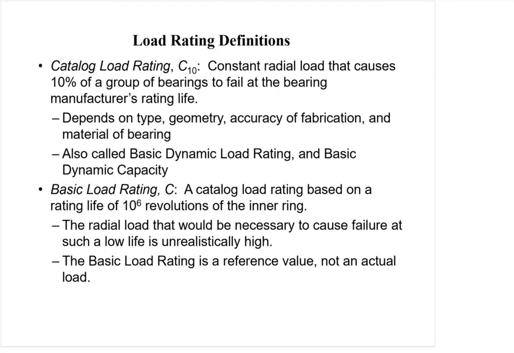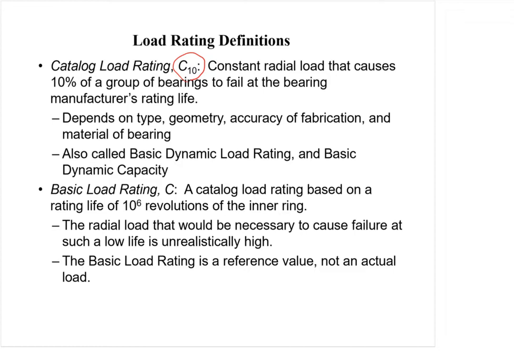Load rating definitions. Catalog load rating, this is the most important one. This corresponds to a constant radial load that will cause 10% of a group of bearings to fail at the manufacturer's rating life. Now, how does that differ from L10? L10 is for a group of bearings to fail in the field.